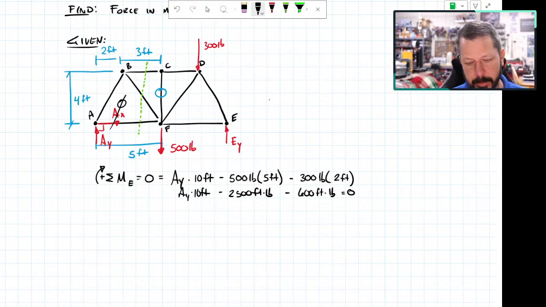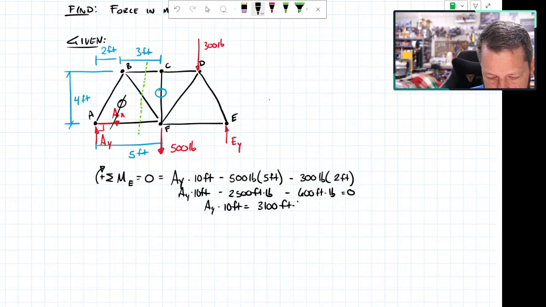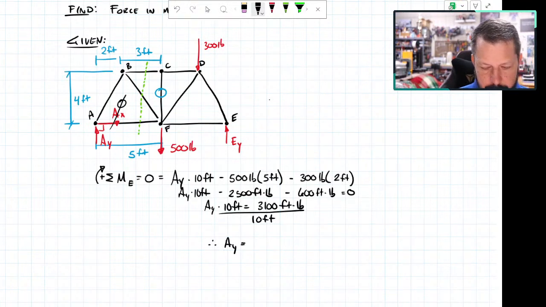So I'm going to add the 2,500 and the 600 to get 3,100. They're both negative, so I'm going to move them to the right side. So I've got AY times 10 feet equals 3,100 foot-pounds. Then I'm going to divide everything by 10 feet, and I'll get AY equals 310 pounds.